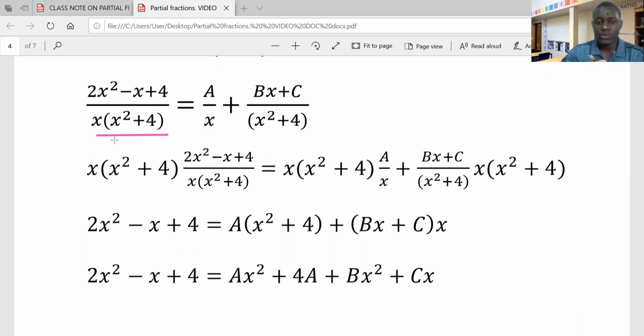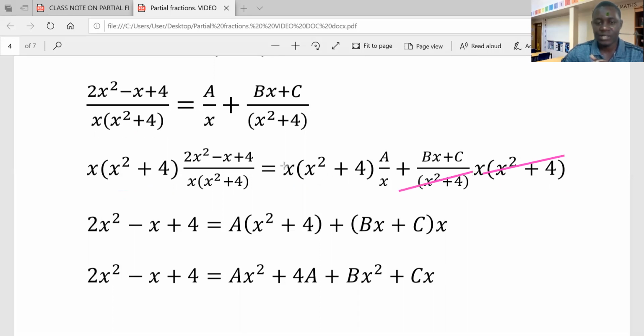If you do that, you're going to have x times x squared plus 4 multiplying from the left hand side, and on the right hand side, we multiply each of the fractions. So I've written here to multiply a over x, and also to multiply bx plus c over x squared plus 4. Now in trying to simplify, what happens? This x squared plus 4 cancels this x squared plus 4.